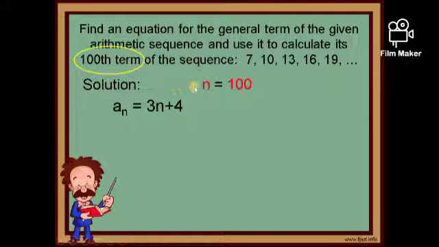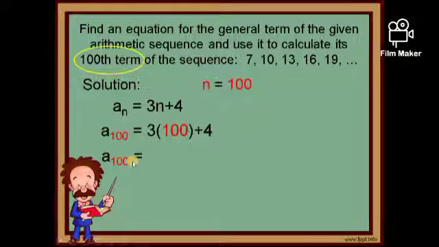So let us substitute n equals 100. a sub 100, or the 100th term, equals 3 times 100, n becomes 100, plus 4. Simplify. a sub 100 equals 3 times 100 is 300, plus 4 becomes 304.